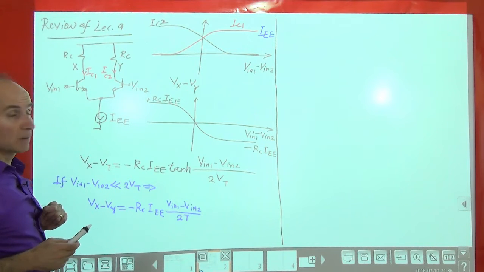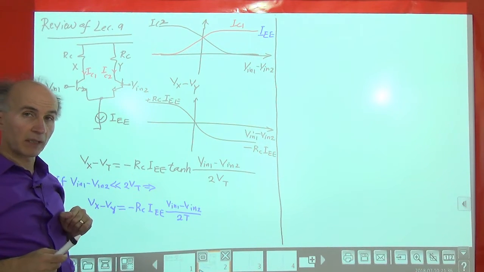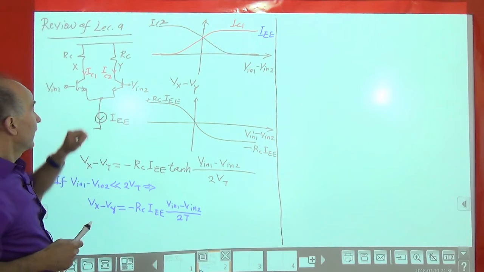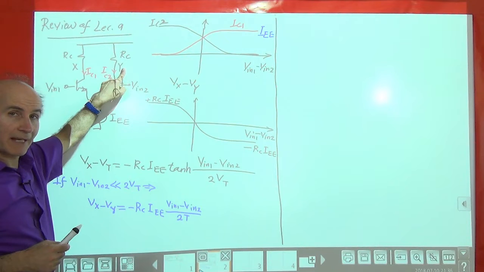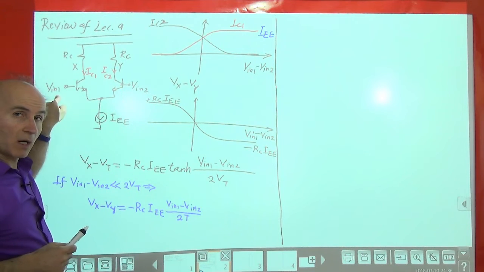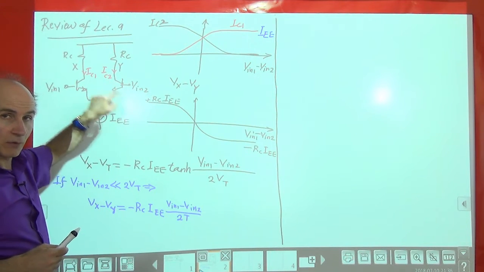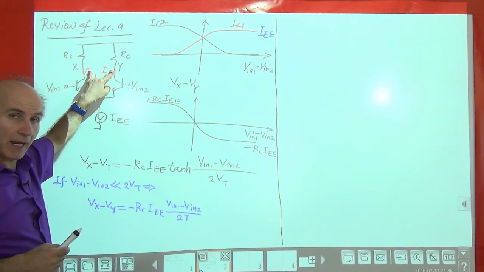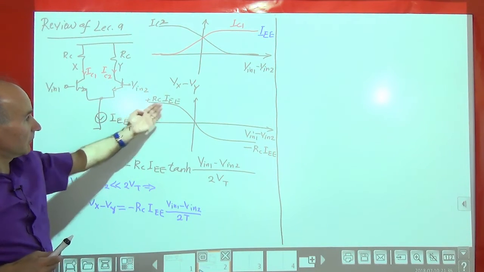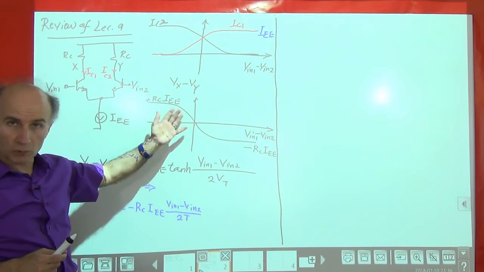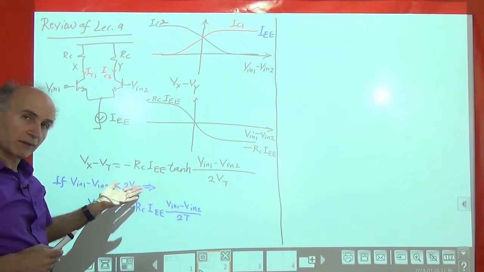Then we went ahead and derived an equation that shows how Vx minus Vy varies as a function of Vin1 minus Vin2. So the differential output voltage as a function of the differential input voltage. And it came out to be something like this, both qualitatively and quantitatively.